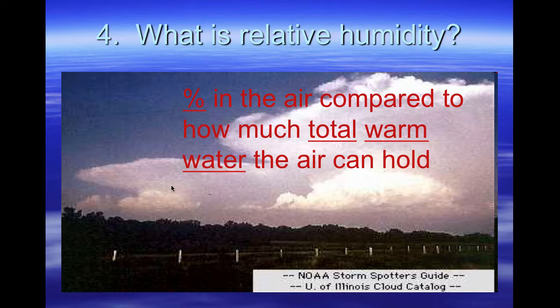Relative to how much the air can hold, how much humidity is there? So you could have, let's say that this entire picture represents air, and 100% would be the very top of the picture. If you had this much water in the air, right about here, you would have about 50% relative to the entire picture, relative to the entire atmosphere.